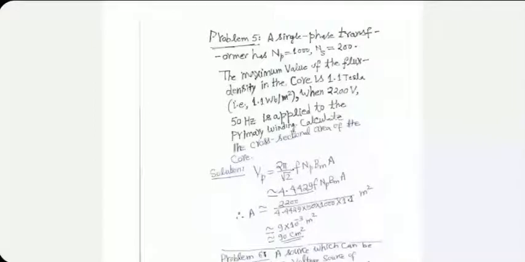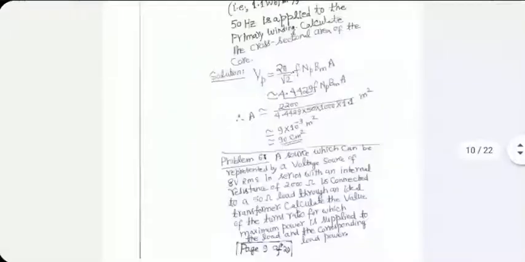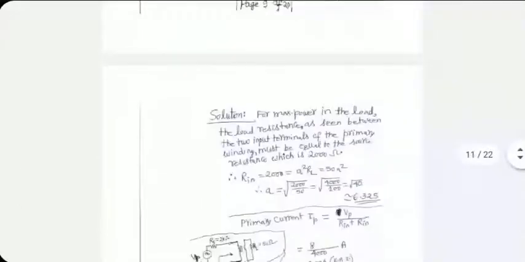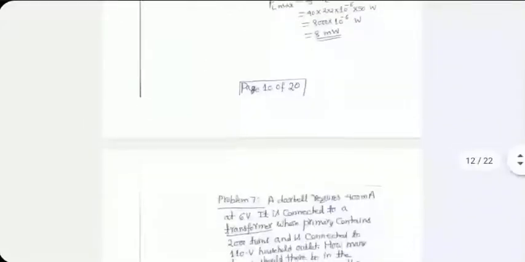It was a straightforward application of the equation that we have derived for the EMF. Another about how the load gets transformed to the primary. We have done all this. Let's move forward quickly. Doorbell problem, please go through it carefully.